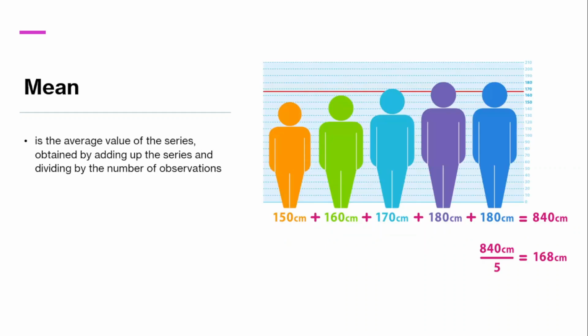Further, mean is another descriptive statistic tool which we use for the purpose of characterizing the data. It provides the average value of the series by adding up all the series numbers and dividing by the number of observations, and we get the average or the mean of the series.